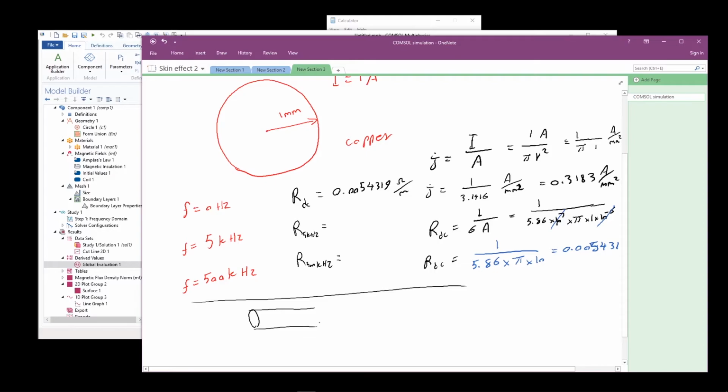Here I have a conductor, and let's say this is L, this is A, the cross section, and we apply a voltage across this. The power will be basically V times I, and in case of the AC it would be 1 over 2 V times I. I just keep this 1 over 2 if we assume that it's AC.